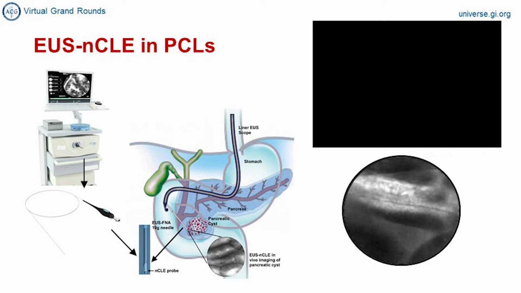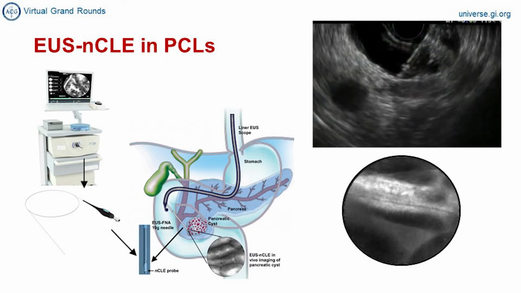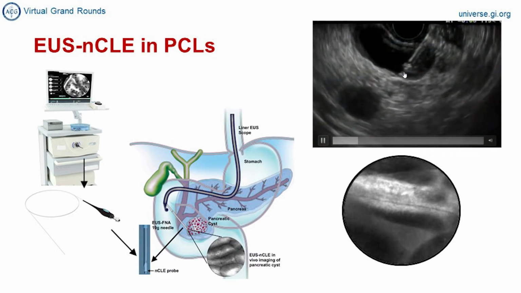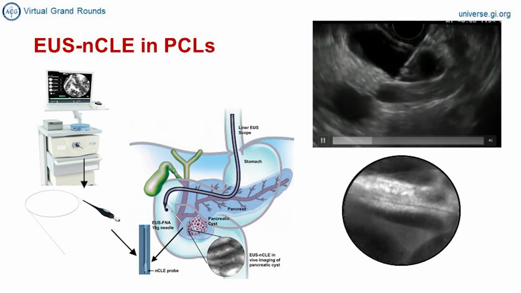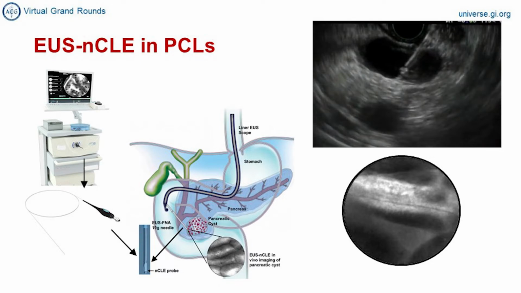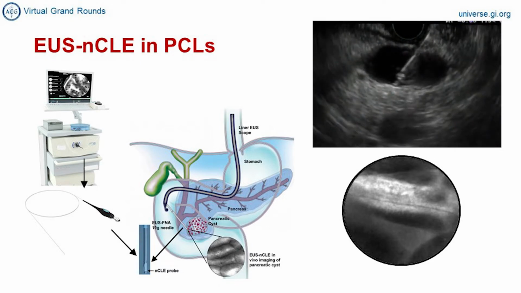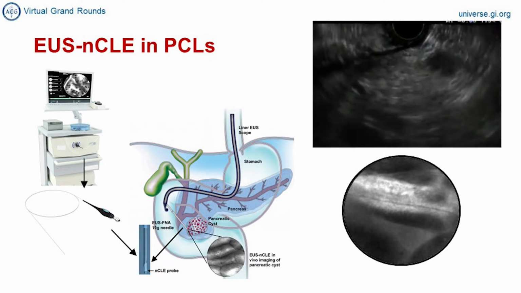You approach the cyst, and the needle is preloaded with the endomicroscopy probe. Once you are in the cyst, you advance the probe and approximate it to the cyst wall, and you generate this video, which is from inside of the cyst, in real time. Here in this example, you see a patient with IPMN with multiple papillary structures.